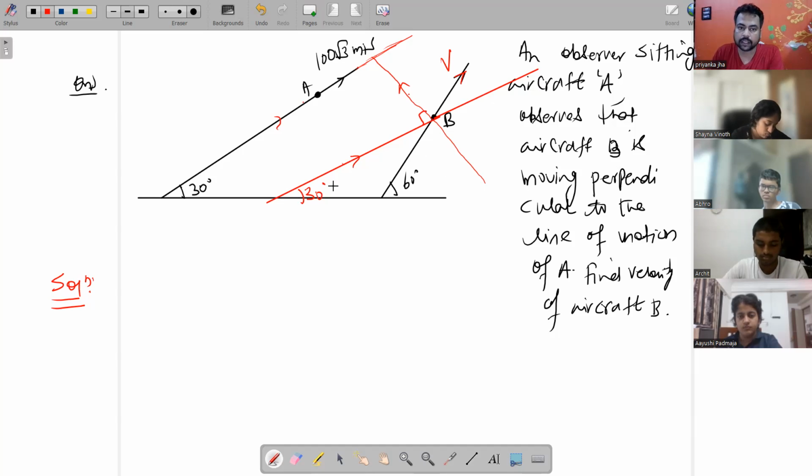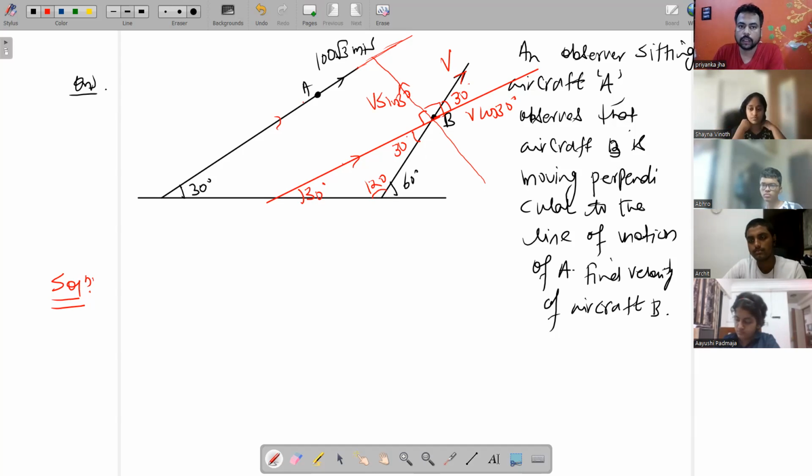This angle is 60, so this angle is 120, so this is 30. So V will have two components, V cos 30 and V sin 30, because we know that this angle is 90.